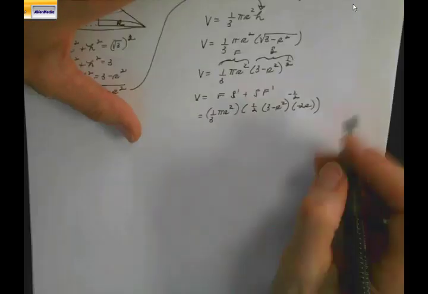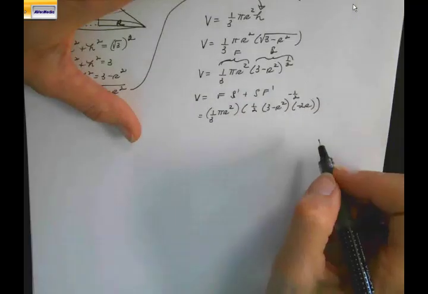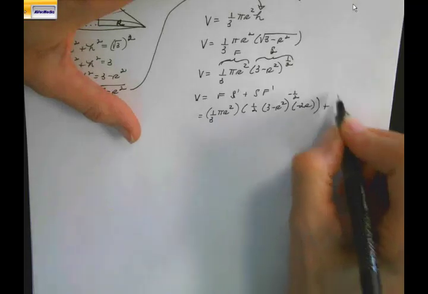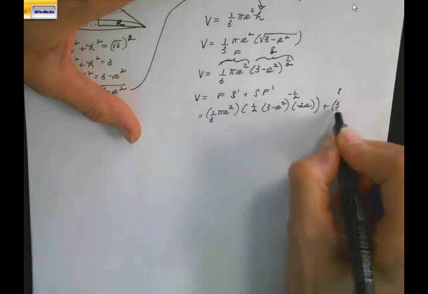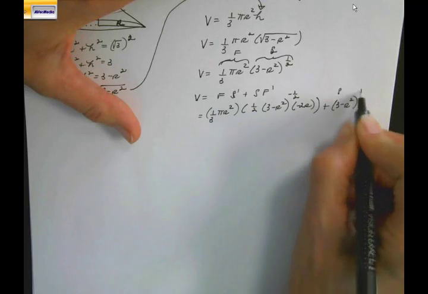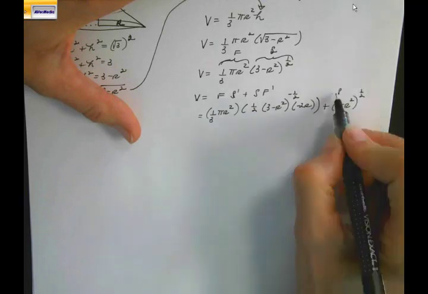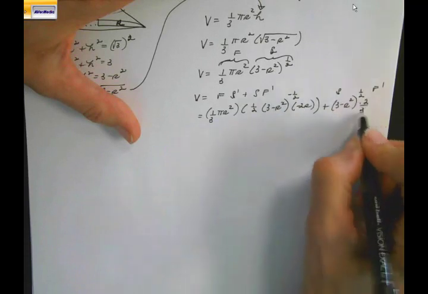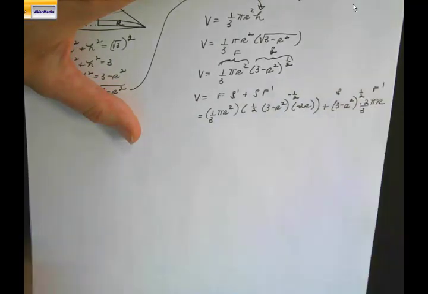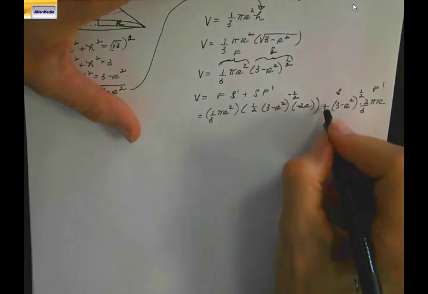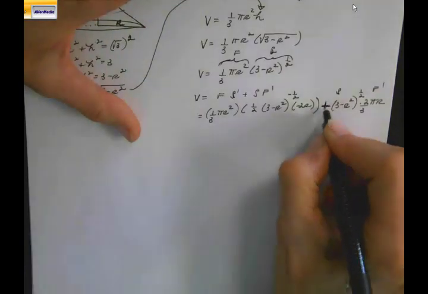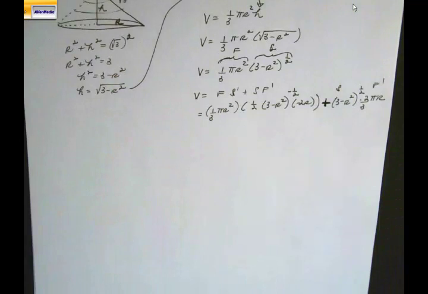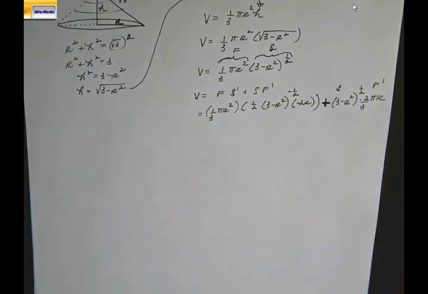Plus the second, which is 3 minus r squared to the 1/2 power, times the derivative of the first, which is 2/3 pi r. And this is your plus sign right here. Okay, so the 1/2 and the negative 2 knock each other out.